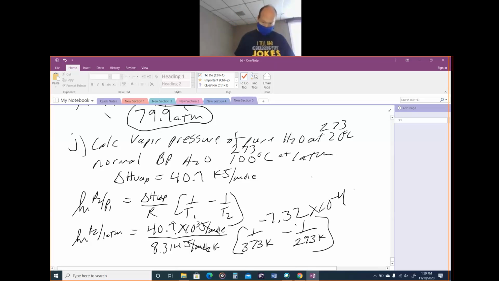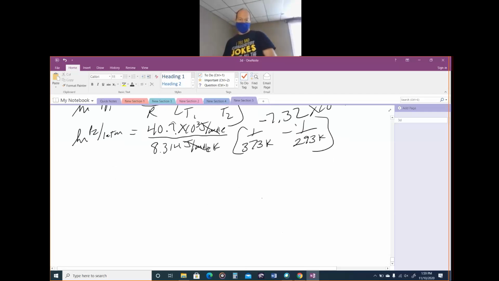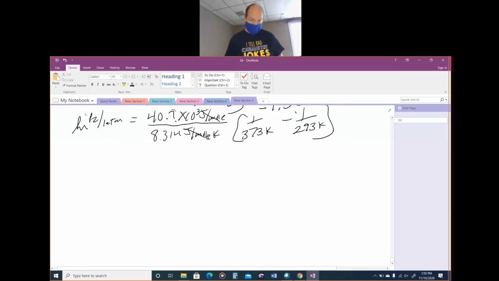All right, so times the 40.7 times 10 to the third. And divide that by 8.314. And you get that the ln of P2 is equal to negative 3.5834.